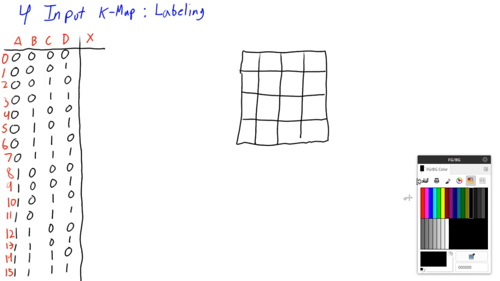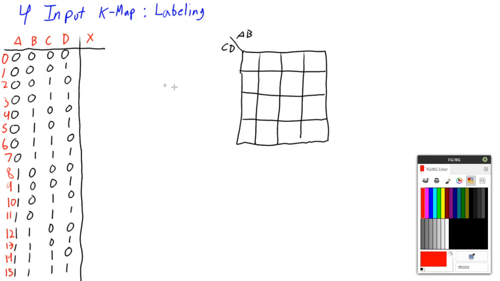Now, we've always got our little line here that splits up our axes, and we've got our most significant letter, A, then B, then C, then D. And a general way to put this is each one of these cells corresponds to one of these rows.